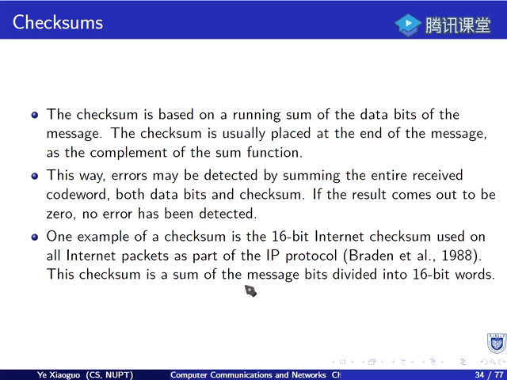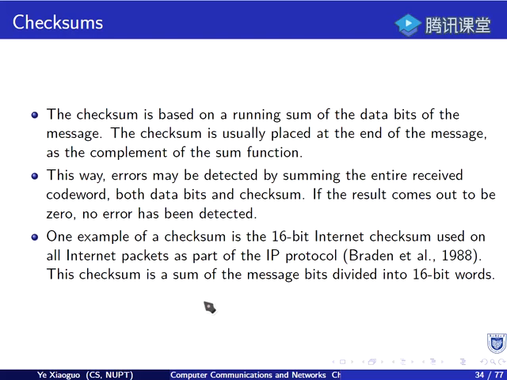Now we will talk about checksum. Checksum is the second code for error detecting. The checksum is based on a running sum of the data bits of the message. It is usually placed at the end of the message as the complement of the sum function.